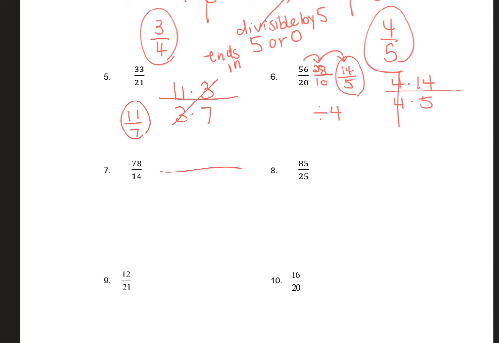All right, this one, again, using my halving method, although I don't know off the top of my head half of 78. Half of 14 is 7. 78 is going to be 36. Nope, 38.